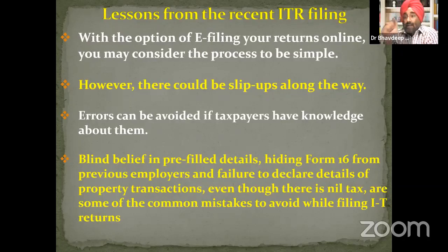It will tell you any mistakes committed over there. It will tell you at which page, at which column, which details need to be entered, which you might have missed. You can select that, correct the errors, save it and go back. Again, go to the taxes paid and verification page.